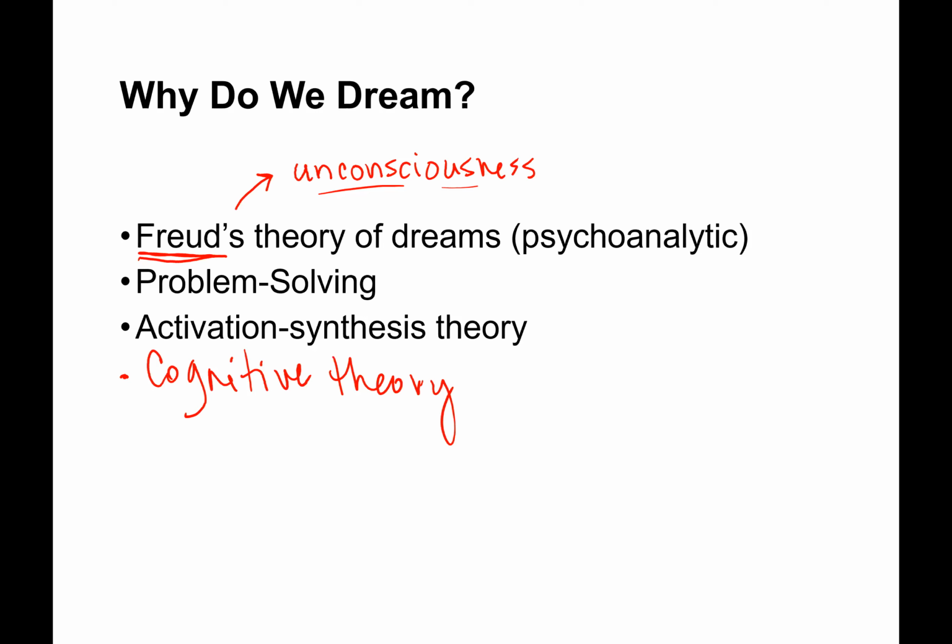And at the same time, brain regions that handle logical thought and sensation from the external world are shut down, right? So again, no external stimulation, but we've got all of this electrical activity that's happening, and the brain is trying to figure out what it all means, right? So it's analyzing that electrical activity and it's interpreting that electrical activity, which gives us dreams, right? So yeah, so there's your 4 theories of why we dream.